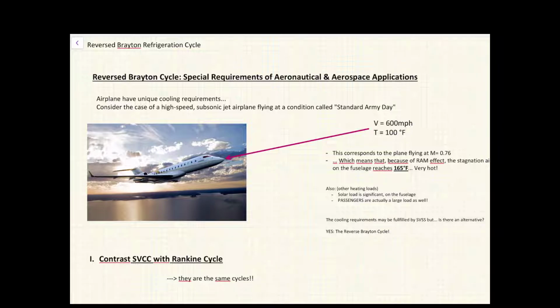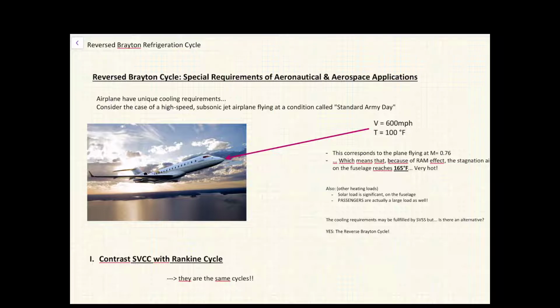Also, there are other important heating loads here that are somewhat unique to the aerospace environment. The solar load, because this long fuselage is naturally exposed to the sun in all points of operation, is quite significant. Remember, the solar load is on the order of 1 kilowatt per meter squared.